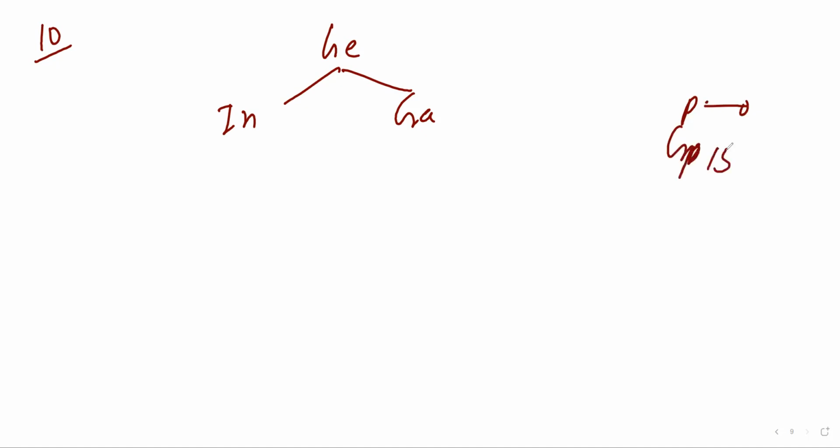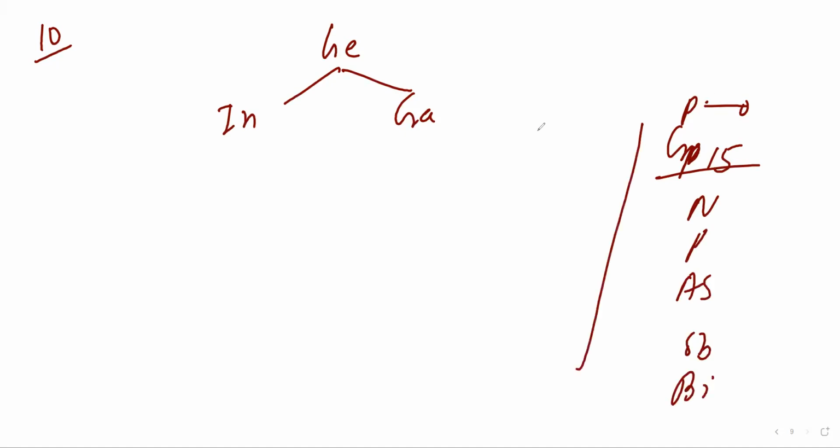Now look at question number 10. On doping germanium with indium and gallium, which type of semiconductor do we get? Group 15 is Nepal, Pakistan, Australia.